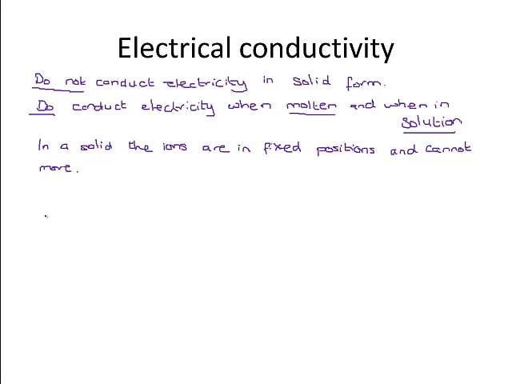When the ionic compound is molten or in solution, you need to say that the ions are charged particles. They are able to move.